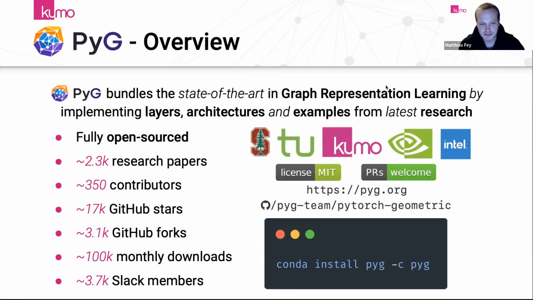What we also achieved in the last year was that we built a community and a team around PyG. PyG is now actively maintained by different universities and companies, and I'm especially proud to see that Intel and NVIDIA are both really engaged in accelerating PyG, both for CPU and GPU.